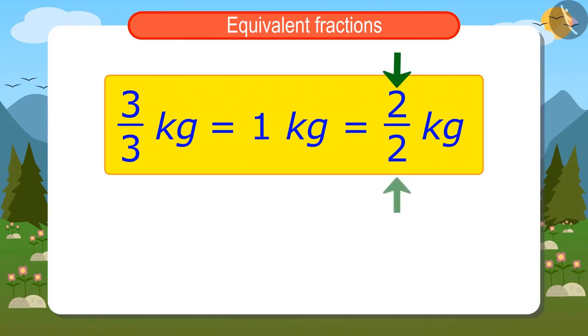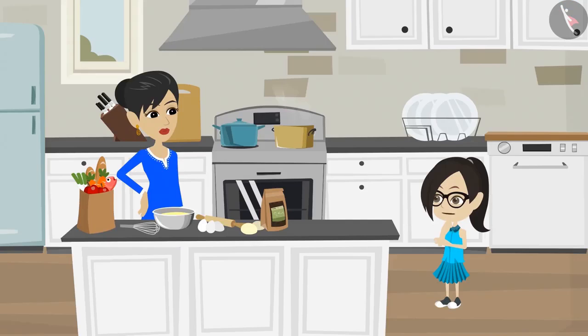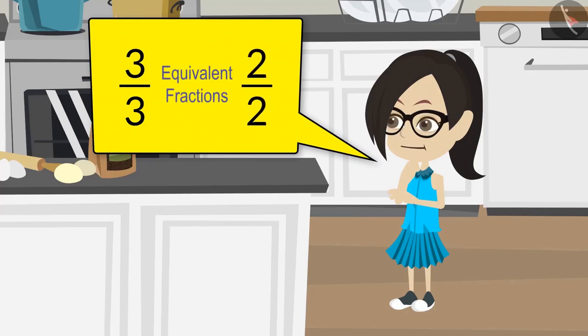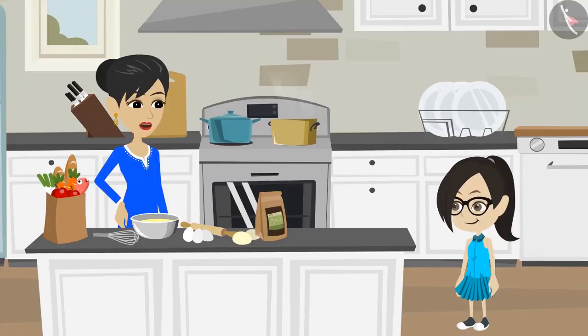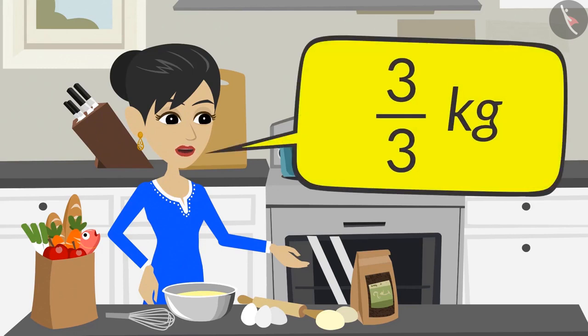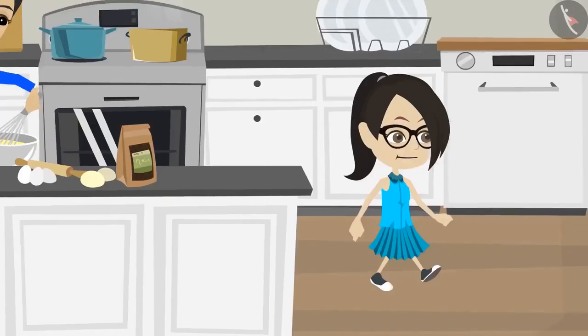When there is the same number in the numerator and denominator, then it means we are talking about the whole quantity. Oh, this means that 3/3 and 2/2 are equivalent fractions. Yes, Vandana. 3/3 and 2/2 are equivalent fractions. Now go and get 3/3 kilograms of potatoes from the market.